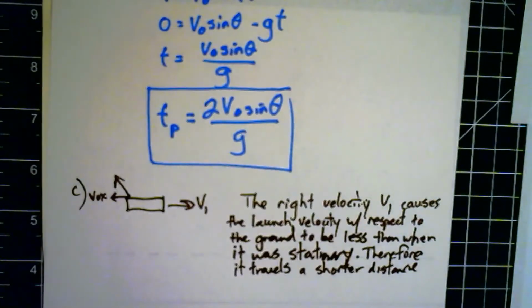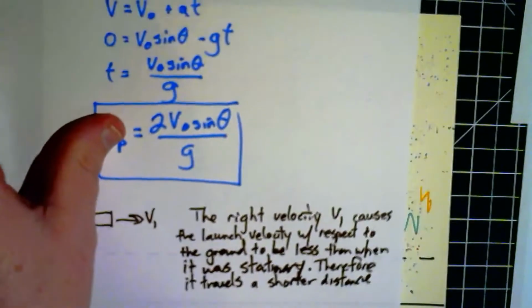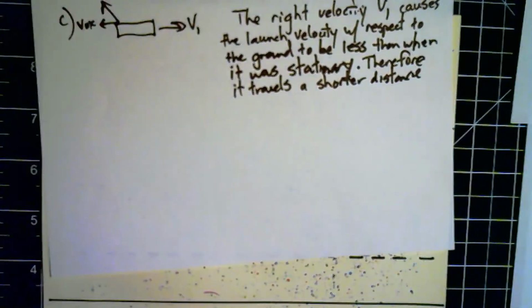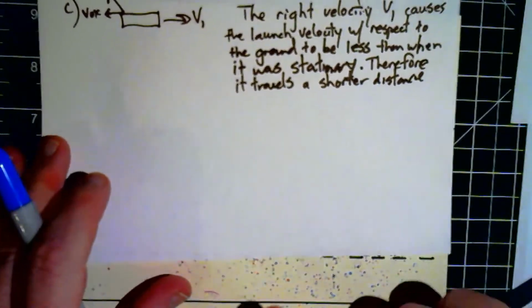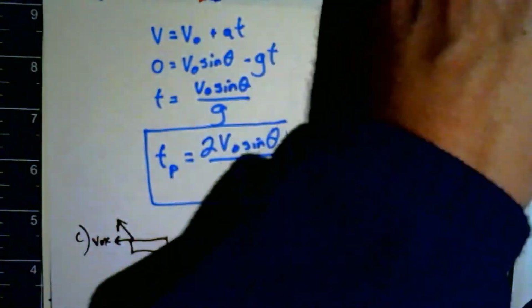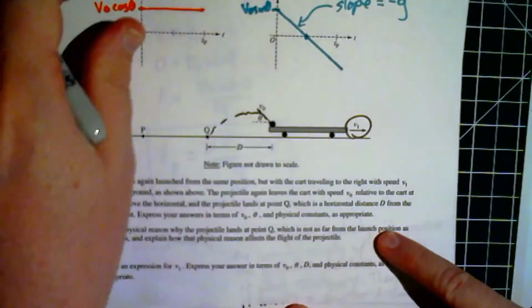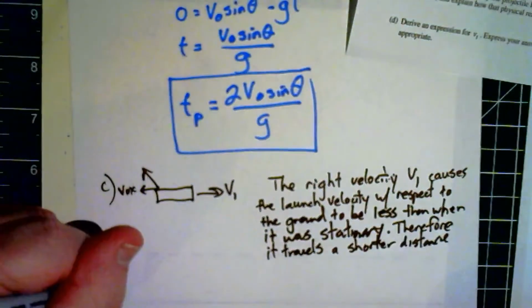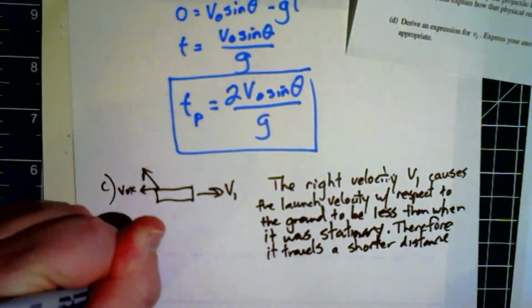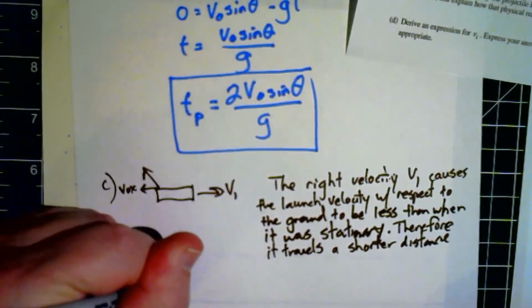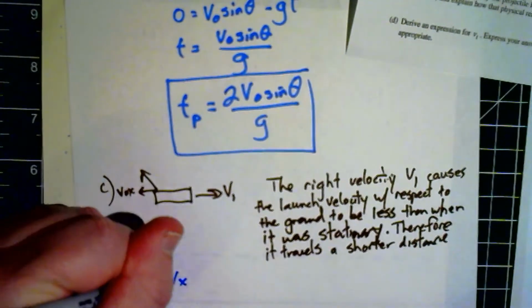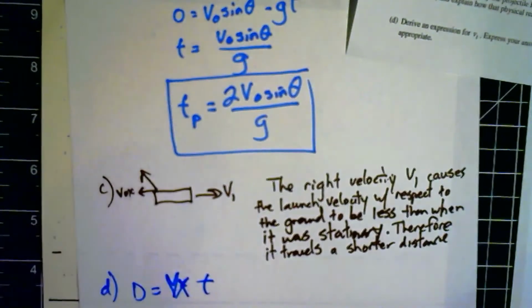All right. And that was only worth 1 point, but in question D, it actually asks you to do some mathematics with that kind of concept. And so what I said is that the distance that this projectile travels, in this case a distance d, is equal to the velocity in the x direction times the time.